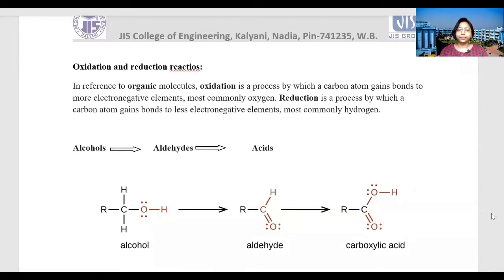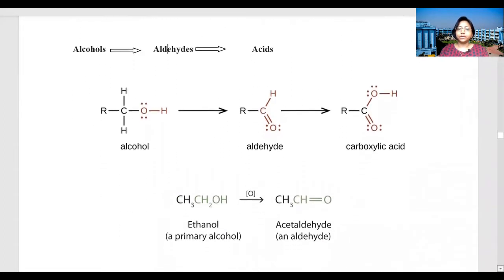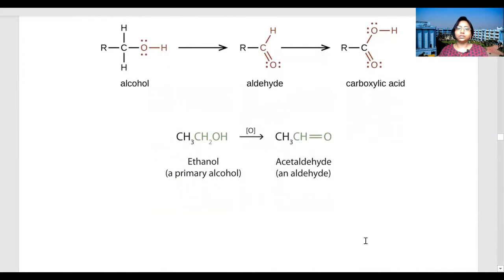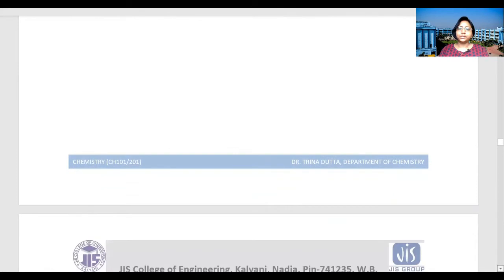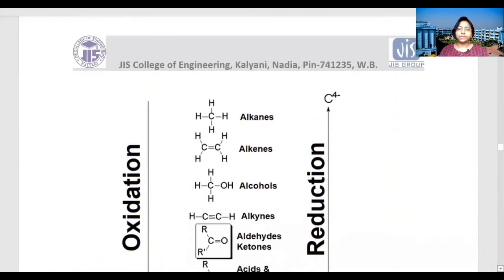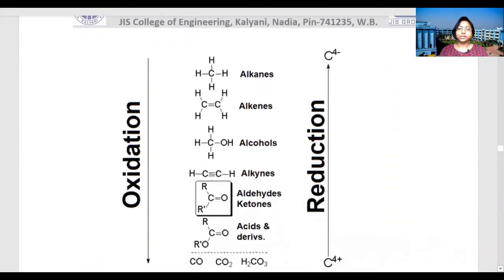Here you can see another example of oxidation, that is ethanol to acetaldehyde. It is also alcohol to aldehyde. There are lots of more examples. You can see the chart of oxidation and reduction.